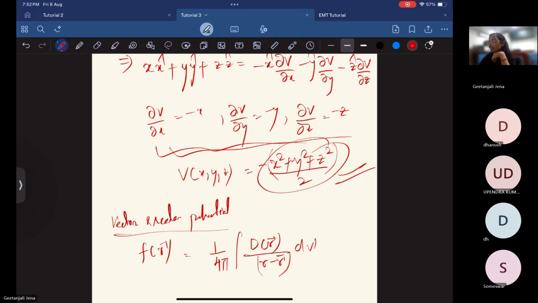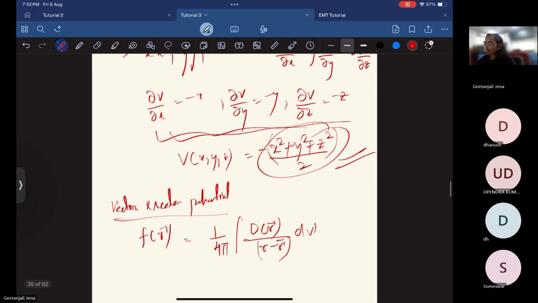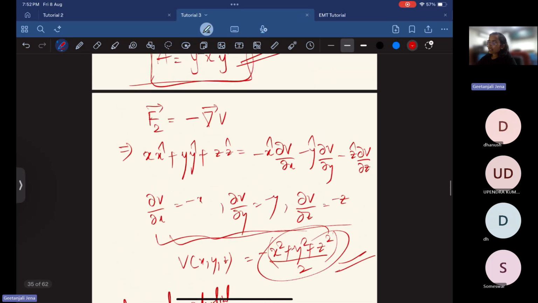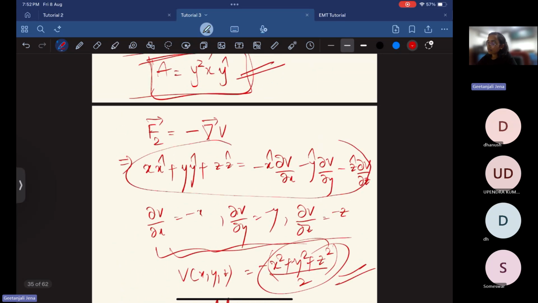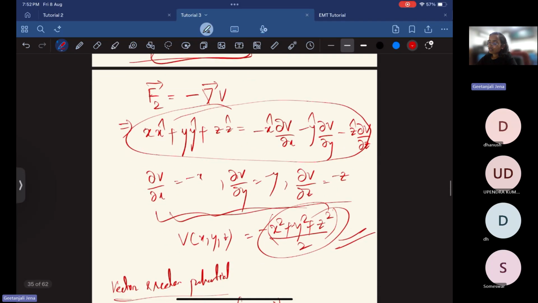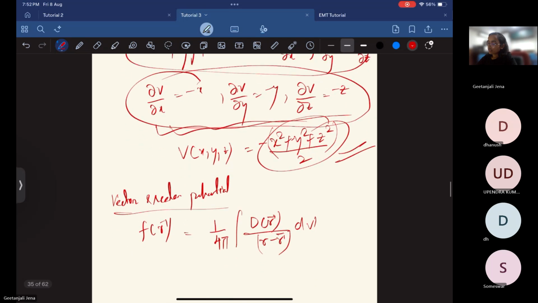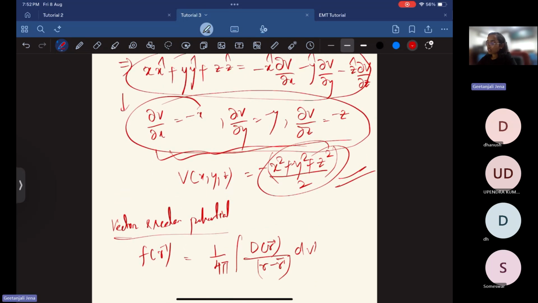Okay. You can use this formulation also, but you can easily guess it from here. No need to take the integration, right? So you can follow these steps, or if D of R is given, then you can find out what F of R is.